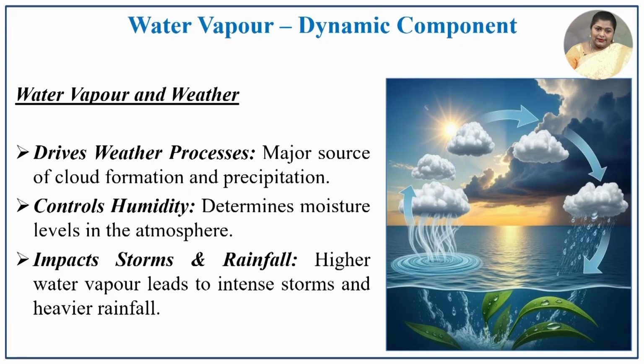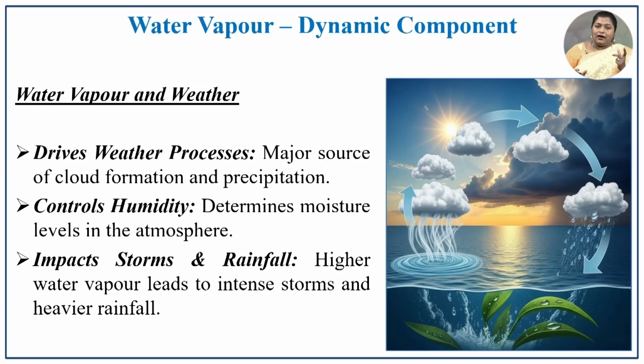Next one is the water vapor. So water vapor is one of the components of the dynamic gases. It is one of the major gases which will be helpful for the formation of all weather phenomena in the atmosphere. So it is a major source of cloud formation and precipitation. The water vapor also determines the moisture level in the atmosphere.